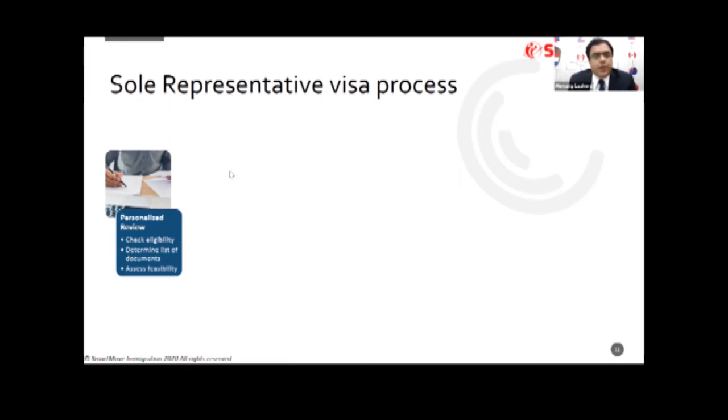So when we do a personalized review, we look at checking your eligibility, we determine your list of documents, but most importantly, we do an assessment of the feasibility to say whether or not this application has a probability of success. If we're certain that yes, you meet the merits of this and there is a possibility of success in this particular visa category for you, only then would we advise you to go ahead.